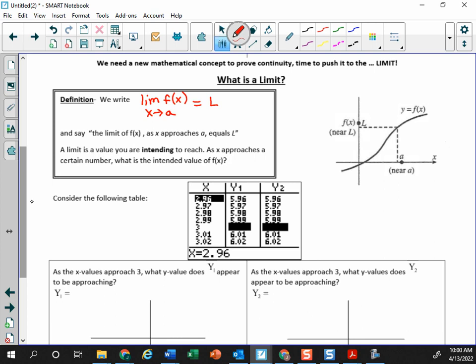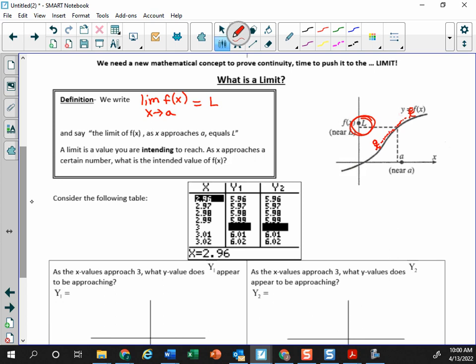You can even think, if I put a little person on my graph, they approach the x value of A from one side, and they approach it from the other side. Do you see how L is the y value that the graph is approaching? That's what you're looking for. What y value are these people approaching as you squeeze in from both sides of your graph?